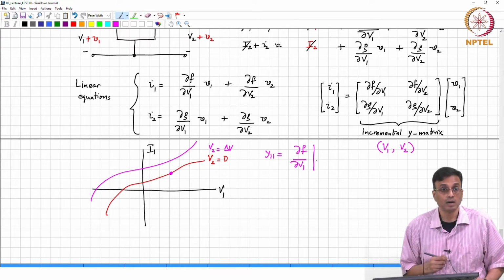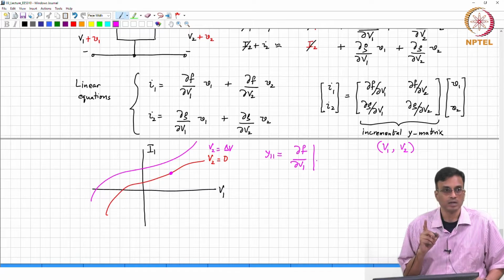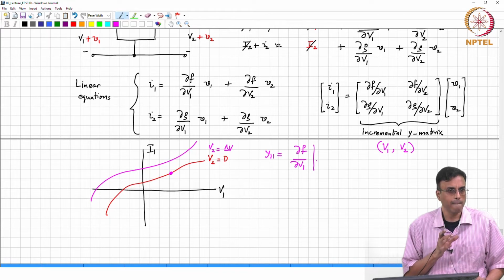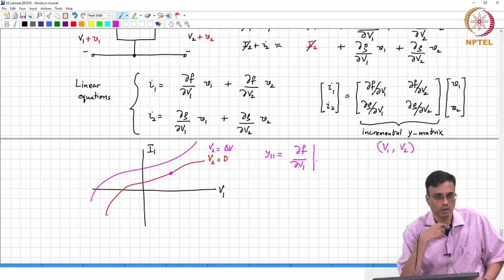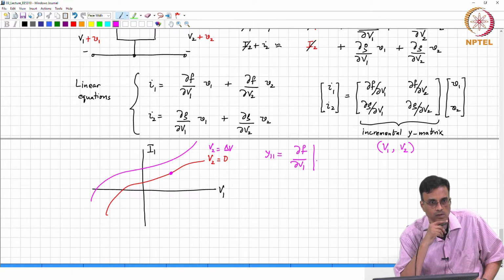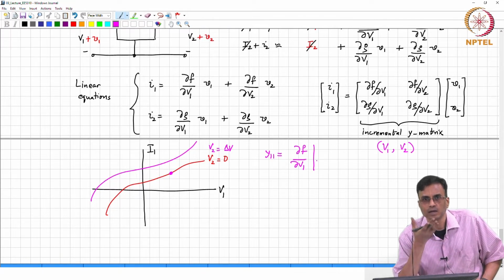Remember, in a linear network, what was y11? Mathematically, it is I1 by V1 when V2 is 0. That was what we had in the linear case, right.